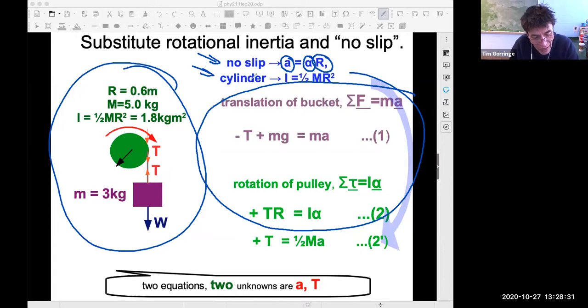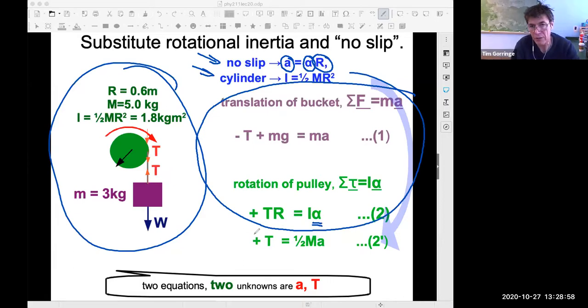So with that, I'm able to eliminate alpha and replace it by A. The other thing I fed in is that the pulley, we were told, is a cylinder, so it has a moment of inertia of 1/2 mr squared. I filled that in too. So both of these I plugged into the equation of rotational motion.